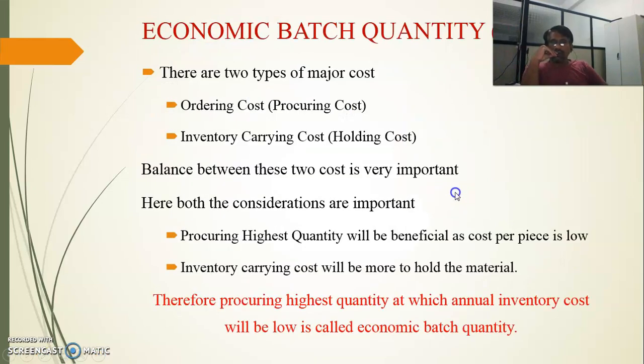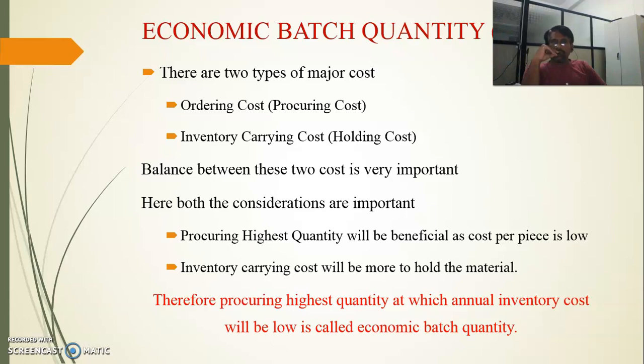Now, the next concept that we require to understand in economics is called economic batch quantity, or economic order quantity, as it is also called. Economic batch quantity means the quantity which we can produce and which will be economical for the organization.